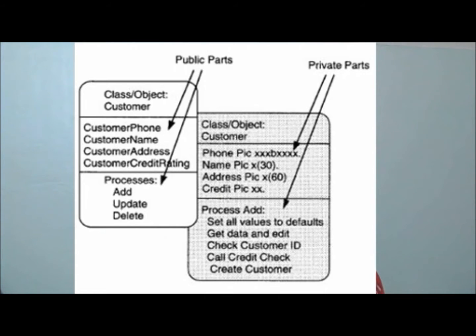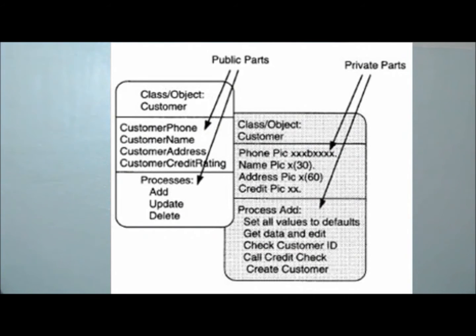We can see the customer has a phone number, a name, an address, and credit rating. And you can imagine that with a name and phone number and address, you've pretty much nailed down each individual customer. Even within a family, if we have the name, phone number, and address, we're going to be able to really pick out individual customers.